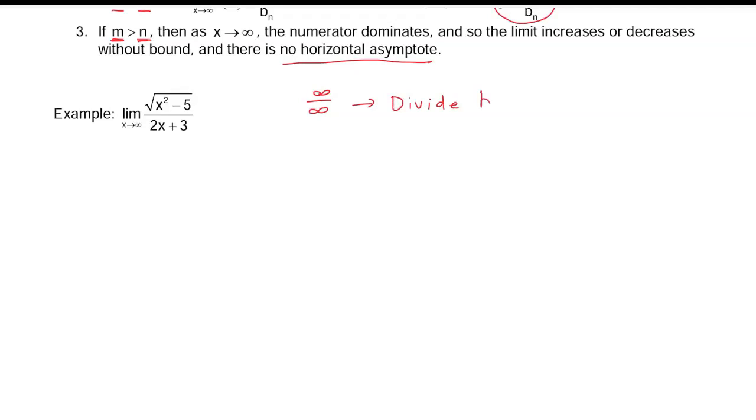Or, like I just stated, it's the same as the square root of x squared. Sort of. So let's look at that first, dividing top and bottom. So I'm going to take the quotient of the limits. So I'll divide the square root of x squared minus 5 by the square root of x squared, which is like x. And then in the denominator, I'll divide by x.